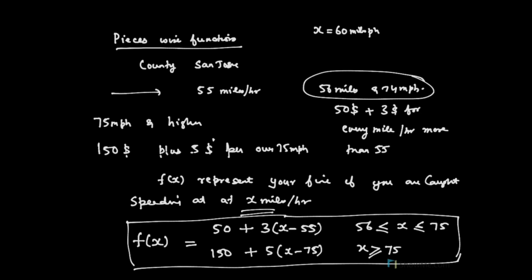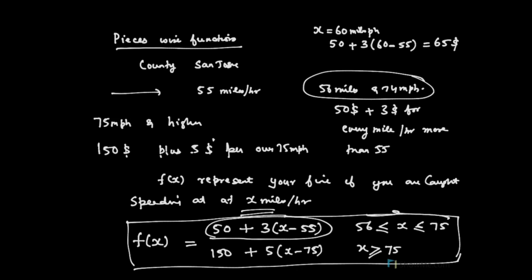Now it will take the number 60 and put it between 56 and 75, so it will use the first function for calculating the fine. So the fine is going to be 50 plus 3 times 60 minus 55. Now 60 minus 55, so substitute. So the net fine is going to be $65.